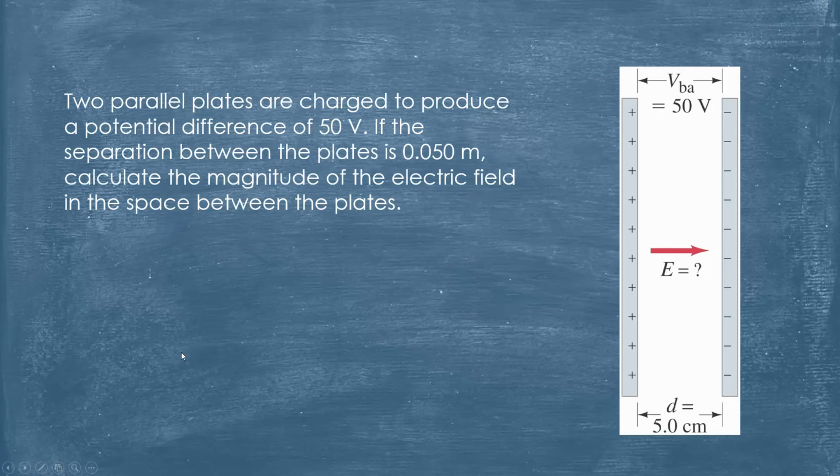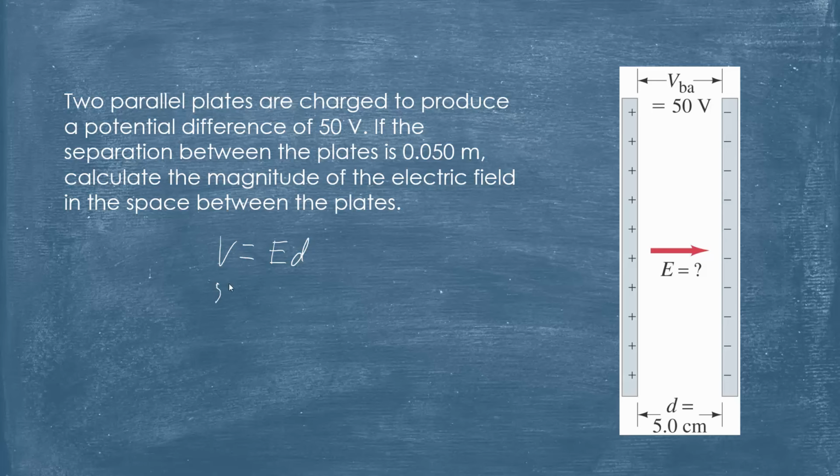A quick little calculation: if we know the separation distance and the voltage between two parallel plates, and we want to use that to find the E field, we can use V equals ED, and we're just going to do the magnitudes for convenience here, not worry about the negative sign.